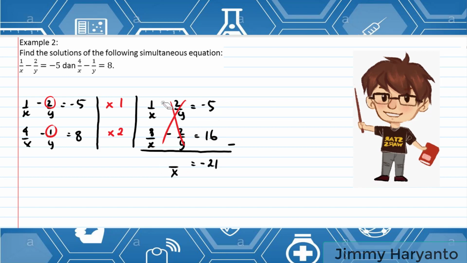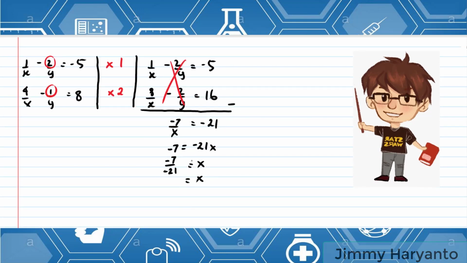Wait a minute. Oh, this should be negative 7, guys. 1 minus 8 is negative 7. And then you cross multiply it, negative 21x. So I will get x equals negative 7 divided by negative 21. x equals 1 over 3.